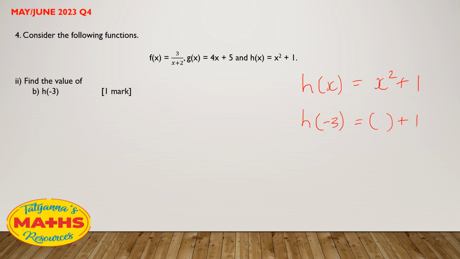That value is negative 3. Keep in mind what we're doing here. So I'm going to get negative 3 to the second power. Remember, that means negative 3 times negative 3, plus 1. So that is 9 plus 1. I'm going to get 10. So the answer is 10, 1 mark.